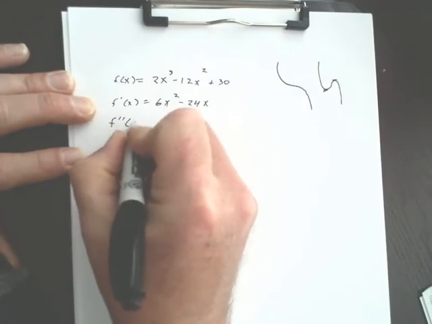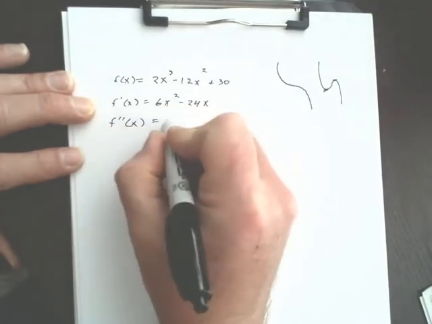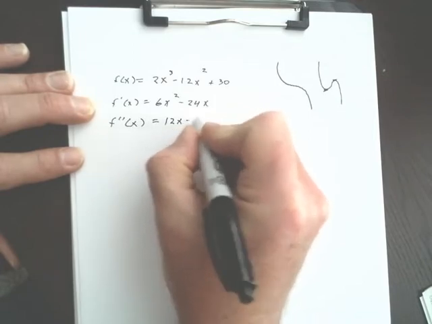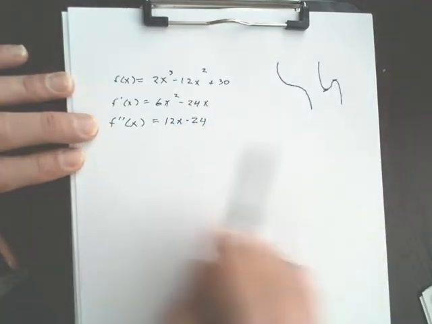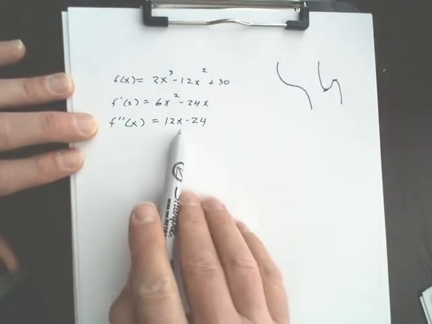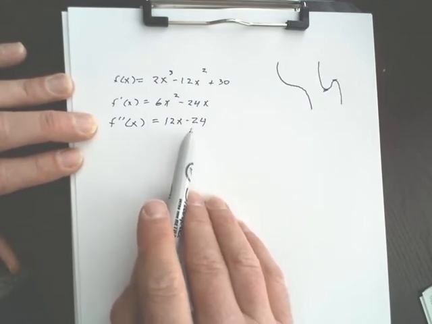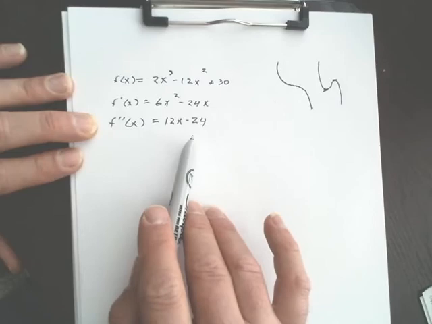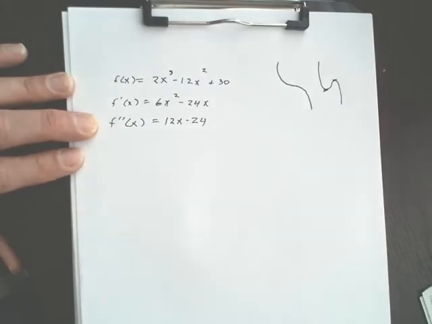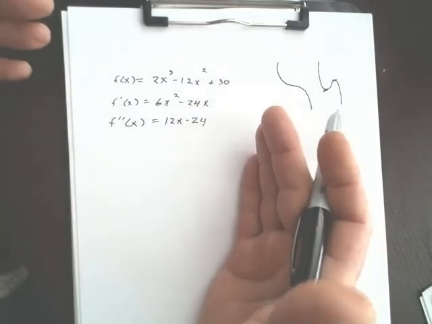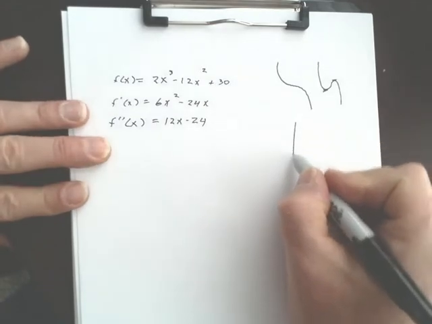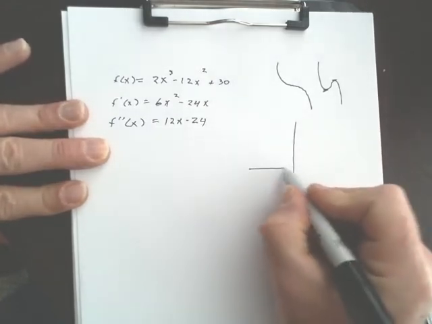What about the second derivative? The second derivative equals 12x minus 24. Once again, the concavity is going to be different depending on the value of x. We can tell that right off the bat, okay? So, question is then, what does this function look like?